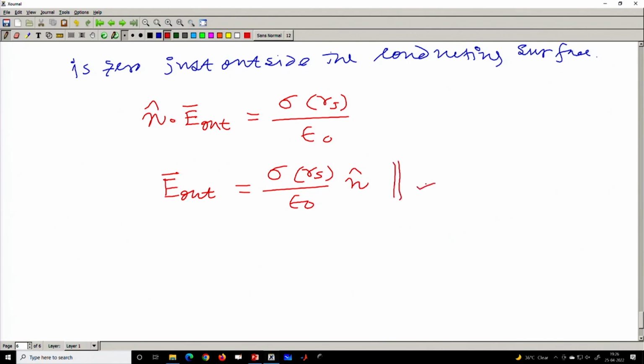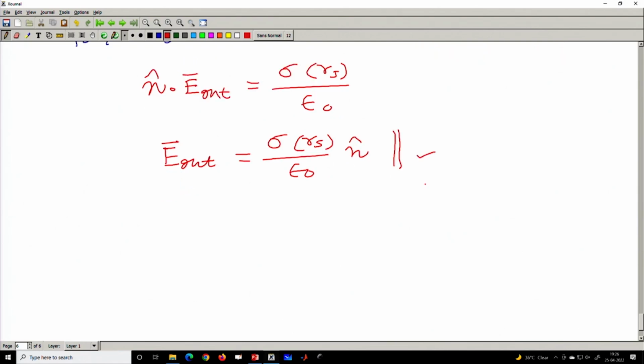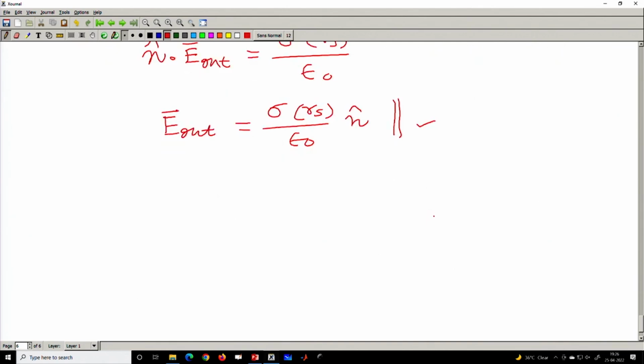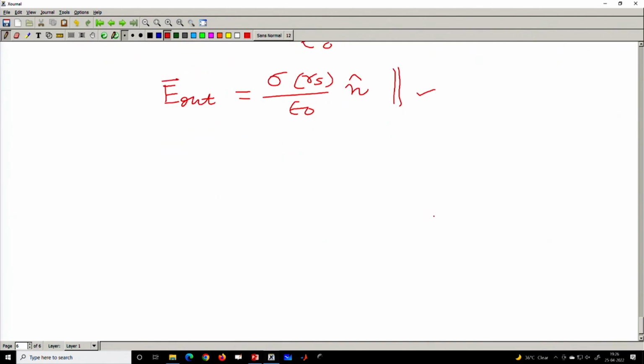Again I am exploiting these boundary matching conditions. This gives us sigma, which we can calculate with the potential by simply calculating this quantity. So, this is the surface charge in terms of potential.